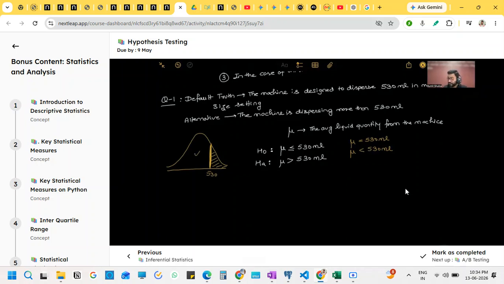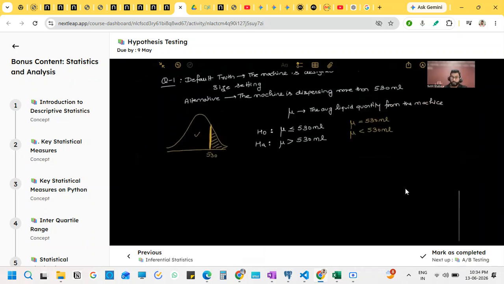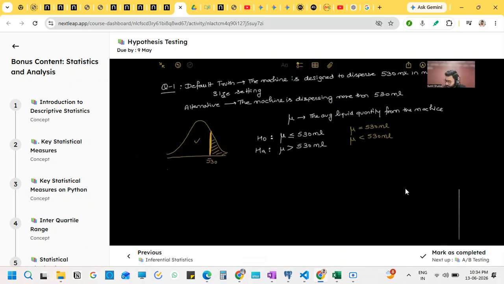In order to cover this area also, my null assumption is that I am okay if the average quantity is equal to or less than 530 ml. I'm okay in this region, while I'm not okay in this region. That is the reason I always make sure that my null and alternative are opposite to each other. Right now, in this case, they are not, because it is equal to and it is less than, so I'm only talking about this part and this part. But if I go with this, I'm talking about the entire region.